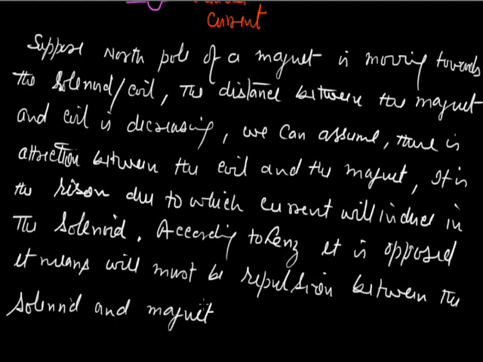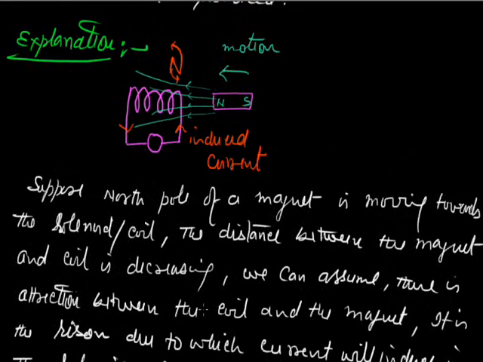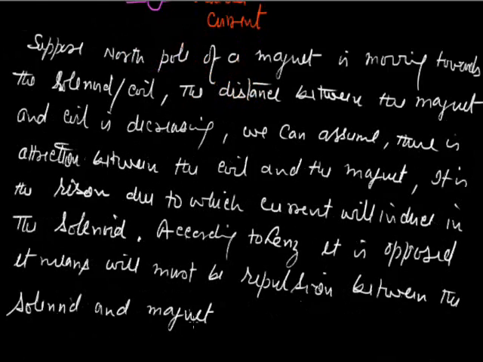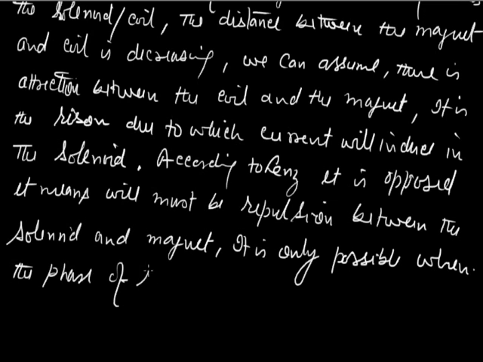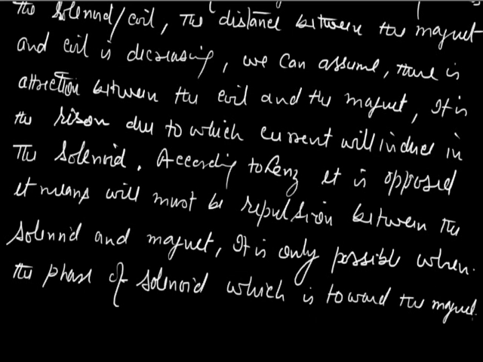It is only possible when the face of the solenoid which is towards the magnet behaves as a north pole.